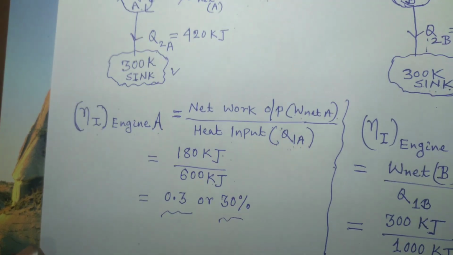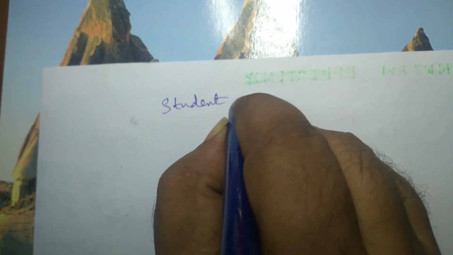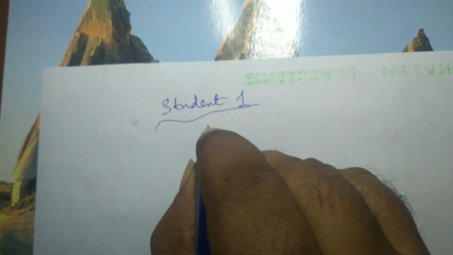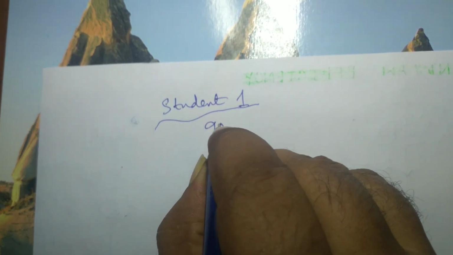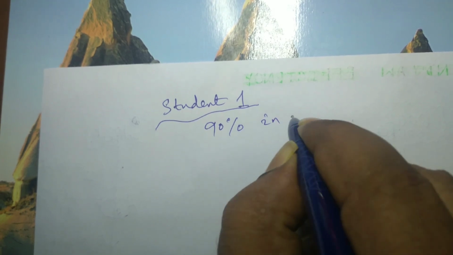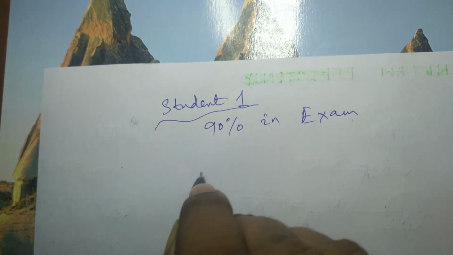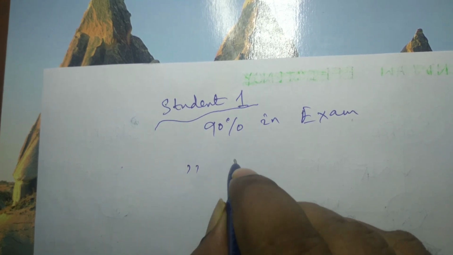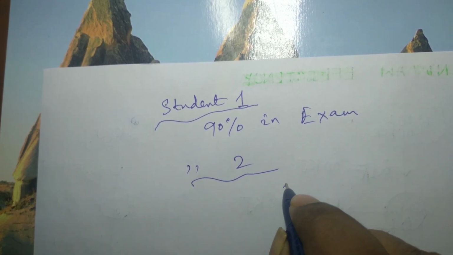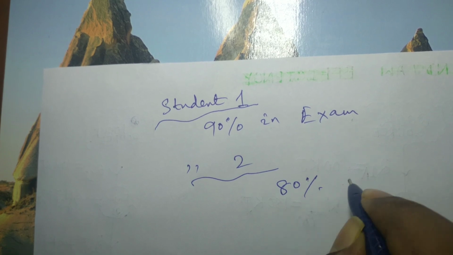Suppose, for example, if you take a real life example, there are two students. Suppose student 1 has the potential of scoring 90% in an entrance exam, and the second student has the potential of scoring 80% in an exam.